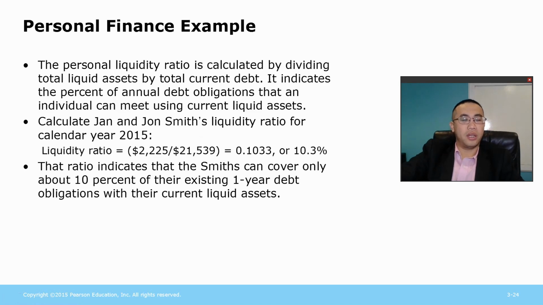From a personal finance perspective, you can see there's also a calculation of liquidity ratios. The person just uses their short-term assets divided by their short-term liabilities, and that basically indicates the family can only cover 10% of their existing 1-year debt obligations with their current liquid assets.